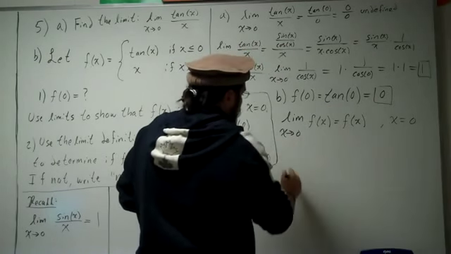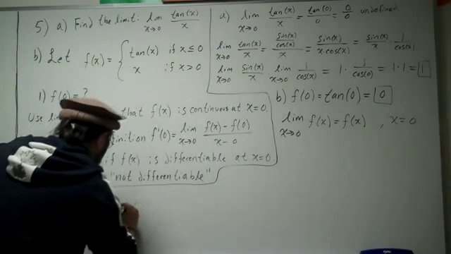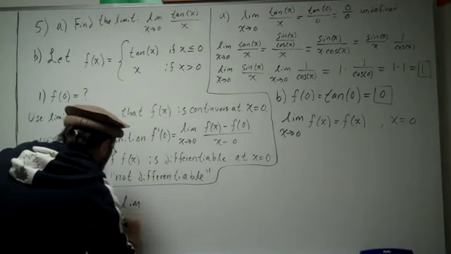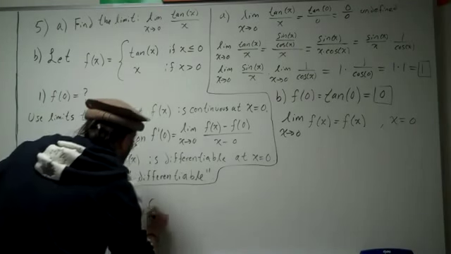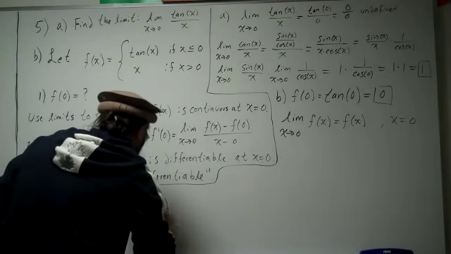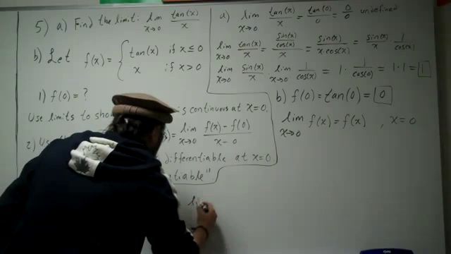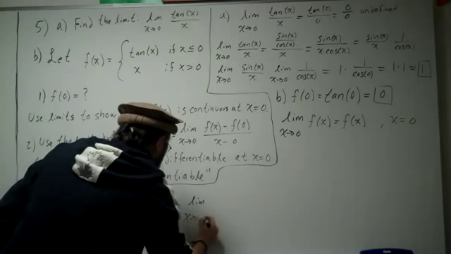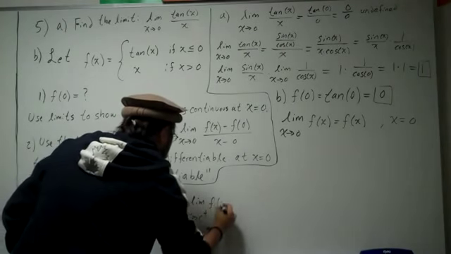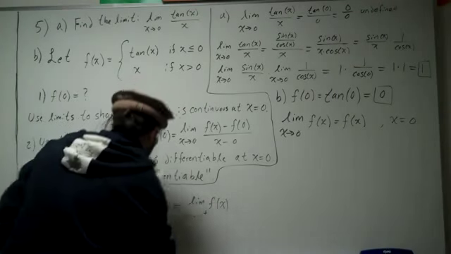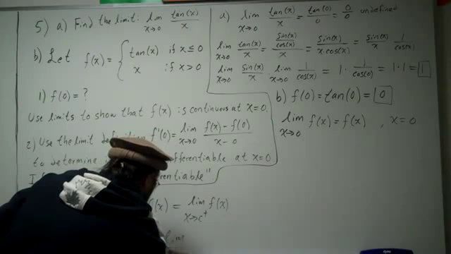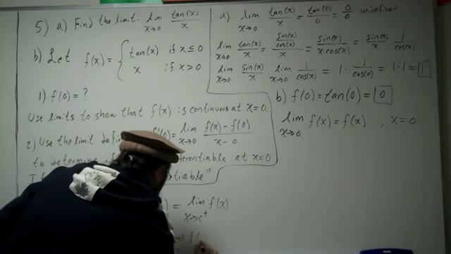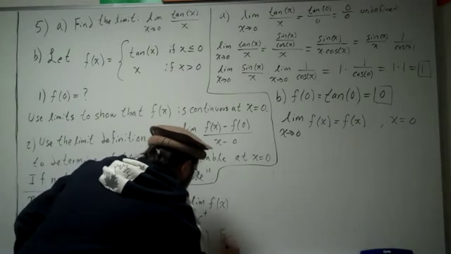So we need to recall that if the limit as x approaches c from the left of f of x is equal to the limit as x approaches c from the right of f of x, then the limit as x approaches c of f of x exists.